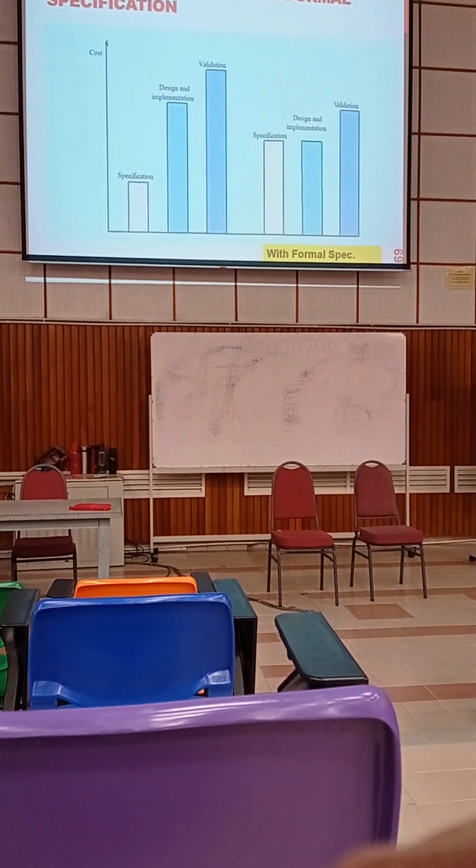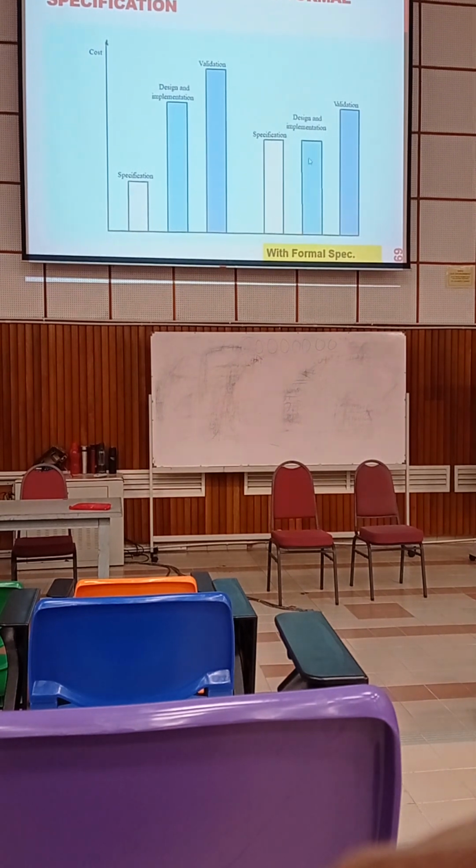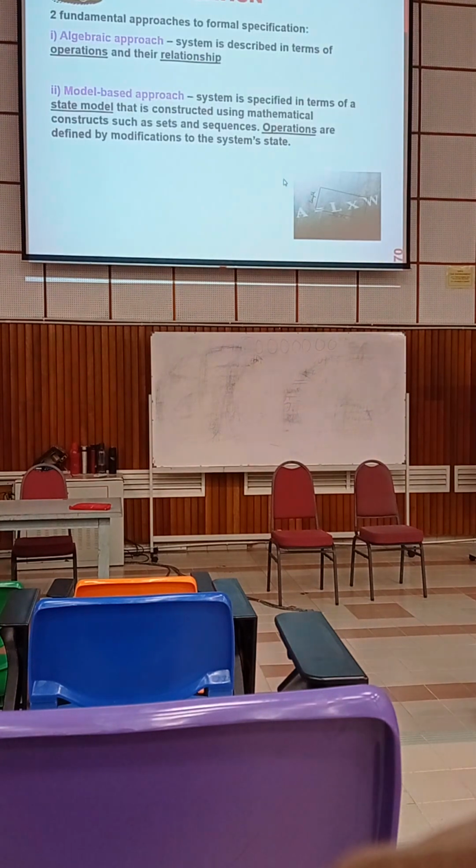Okay, so this other notation, this one is formal method specification, or mathematical specification. Now there are two types. One is algebraic, the other one is model based. What's the difference? The algebraic one is described in terms of operations and relationships.